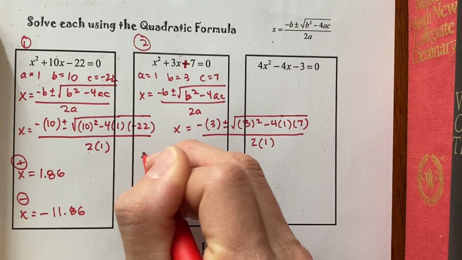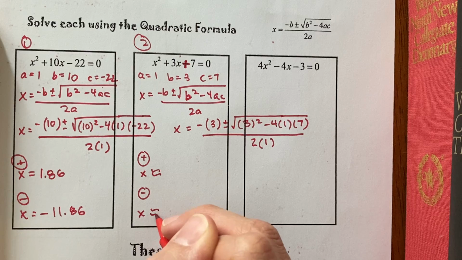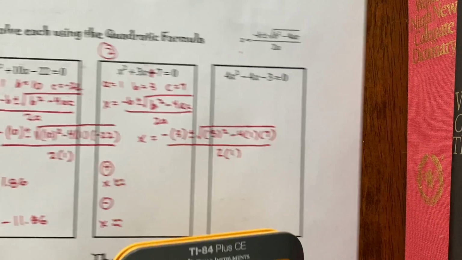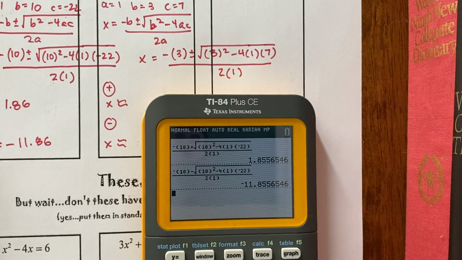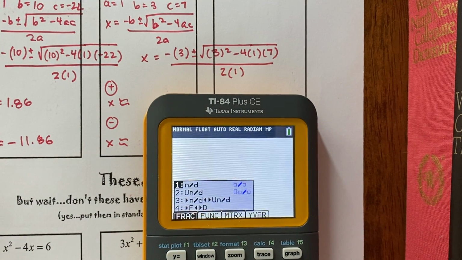Okay, and I'm going to do the plus and I'm going to do the minus. Maybe. I probably won't have to, but that's okay. All right, so I'm going to put this equation into my calculator. So alpha y equals, enter.